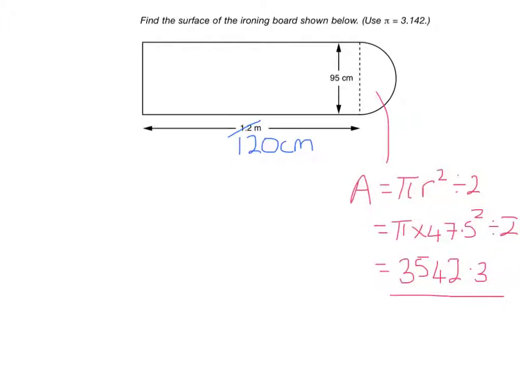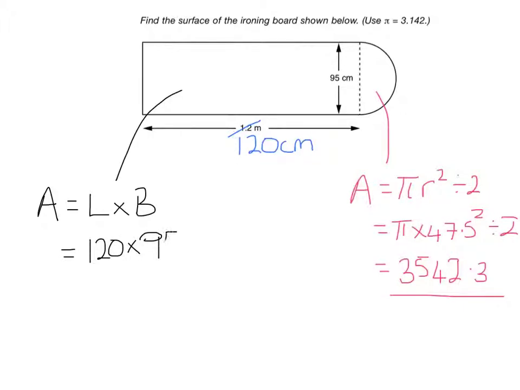Now, next thing we want to do is to work out the area of the rectangle. So if we do that, then that's just going to be length times breadth, which is 120 times 95, is equal to 11,400 centimetres squared.